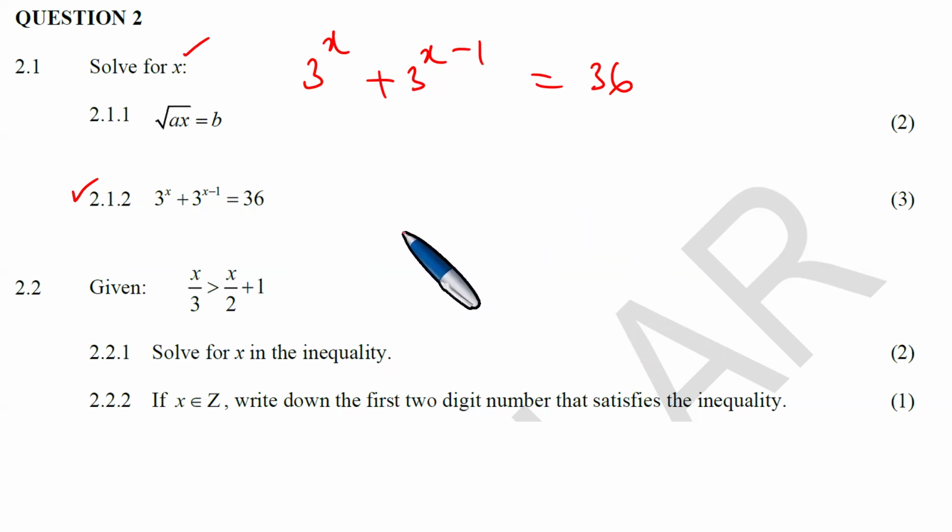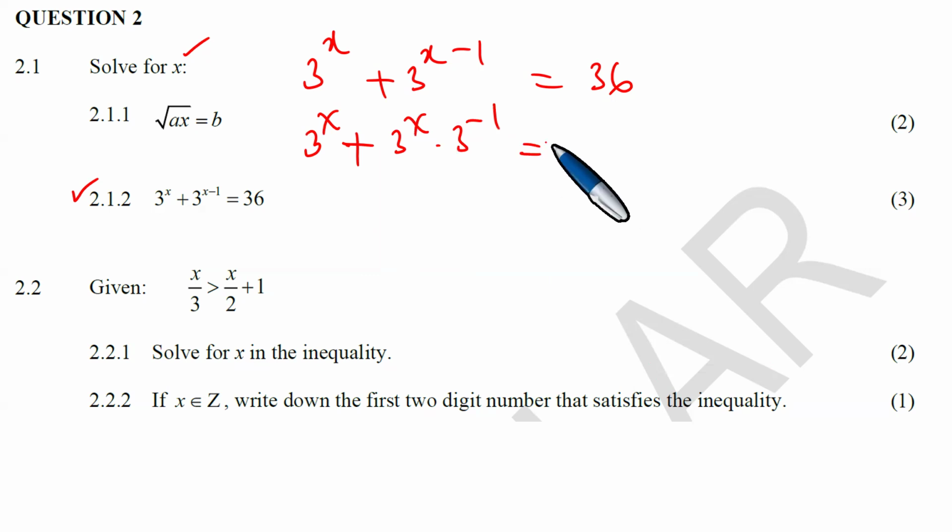We can write 3 to the power of x plus 3 to the power of x minus 1 equals 6 to the power of 2. Well, we can write like that. Brilliant stuff. But first things first, always break this power that is x minus 1 or something. Like separate, so that we have 3 to the power x plus 3 to the power x times 3 to the power minus 1.